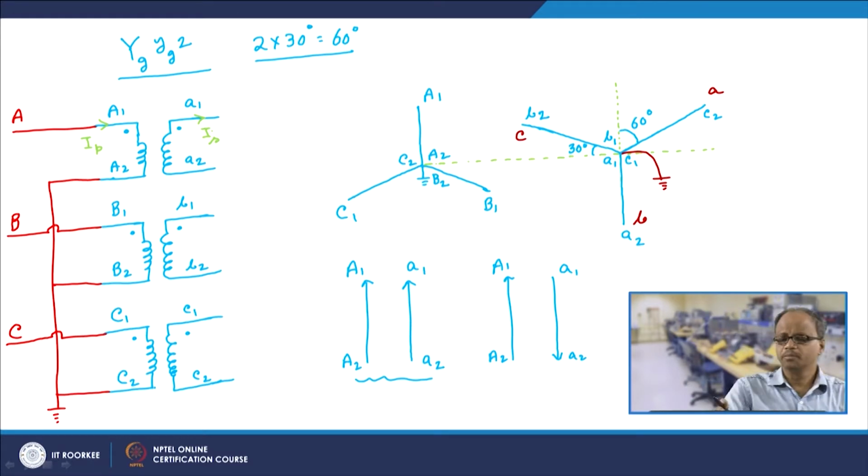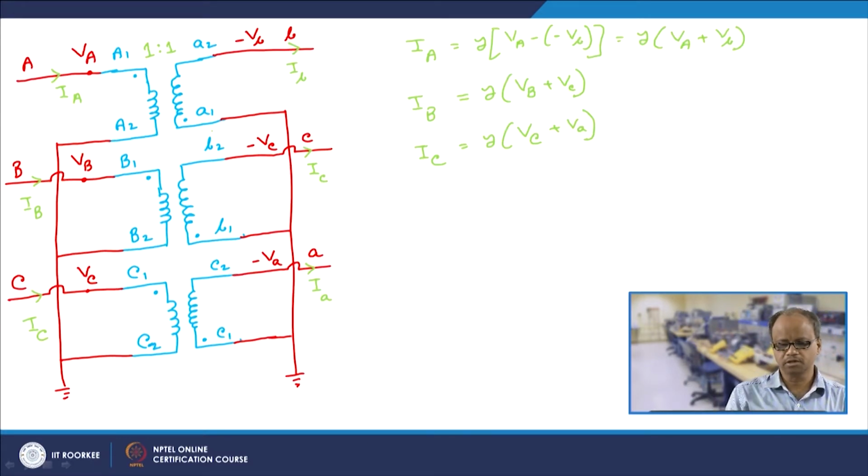Now, here what happens? Here this current IA is entering the dot terminal, but the current IB is also entering the dot terminal. Please note that if this current is IB here, then this current should be IB here. Similarly, this current is also entering the dot terminal here.